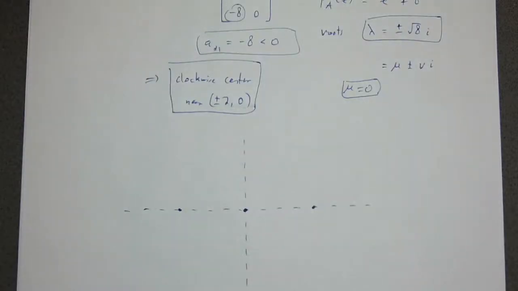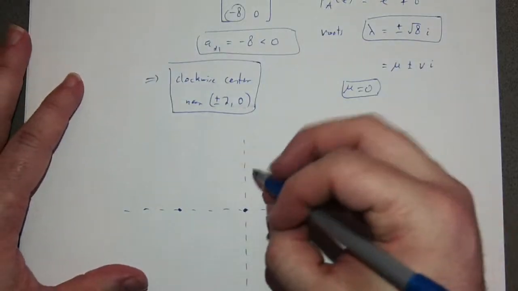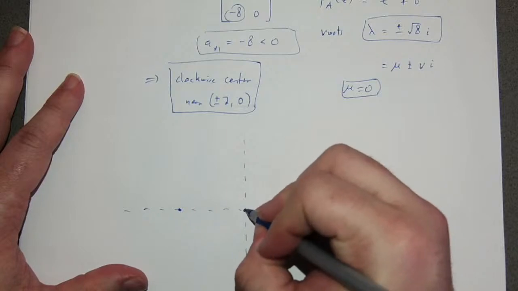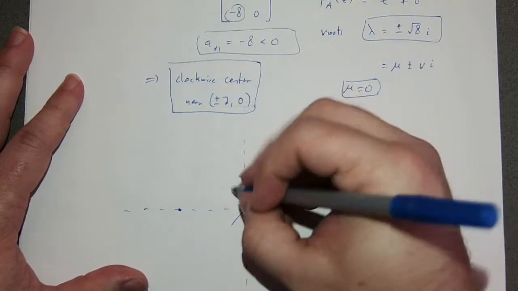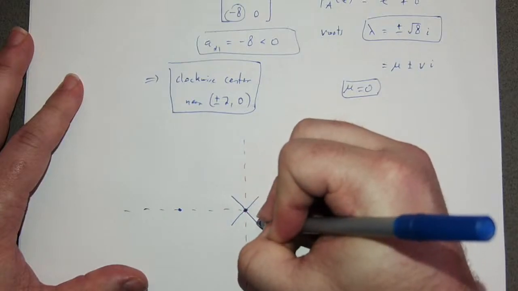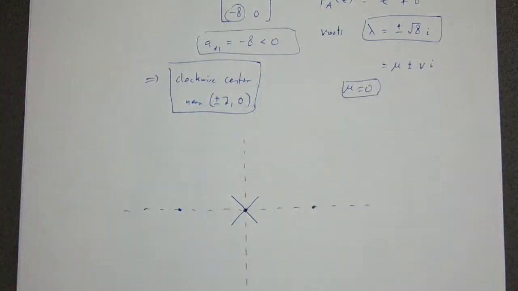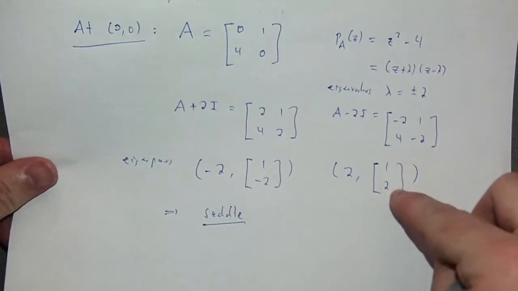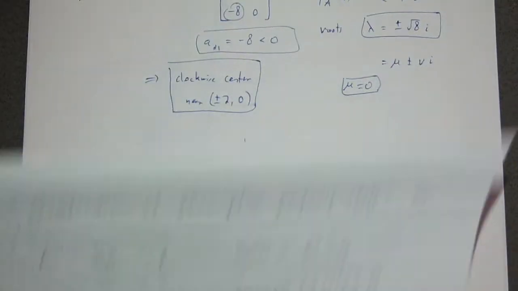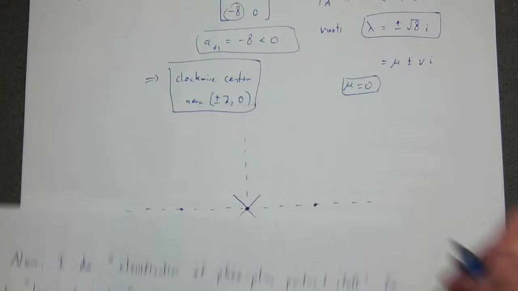So what I'm going to do is, near this I have a saddle. So I have line solutions that look like this, where along the vector determined by 1, 2, which would be this vector, I have positive motion.